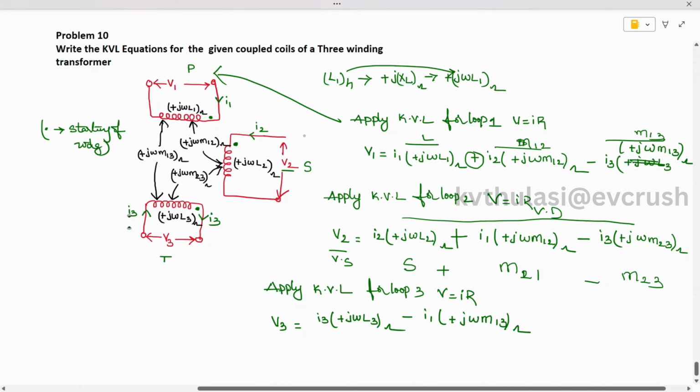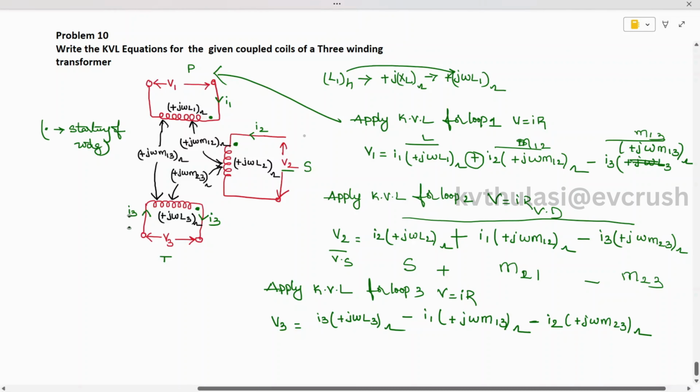So 3 on 1 is completed. Now 3 on 2, you have to think how they are connected. Current is entering the coil, current is leaving the coil, therefore you are going to get minus. The mutual current is I2, and the mutual inductance term is I2 into plus jωM23 ohms.